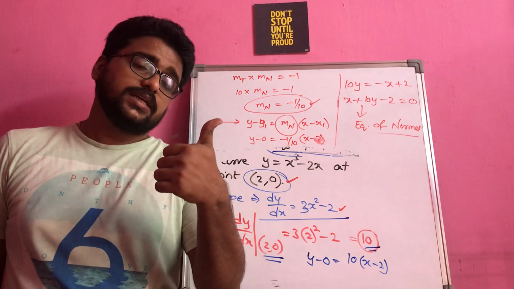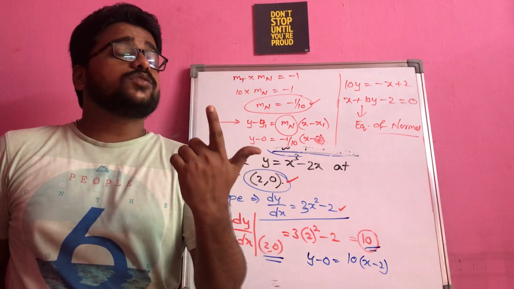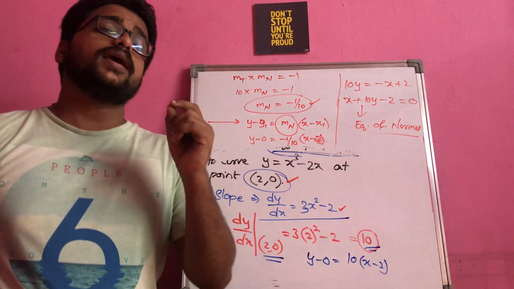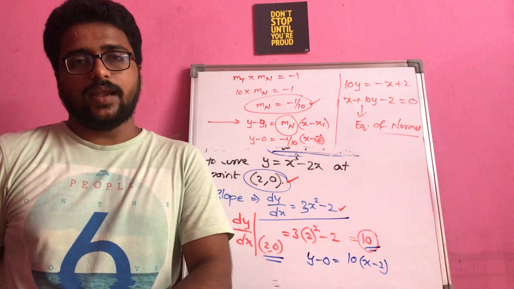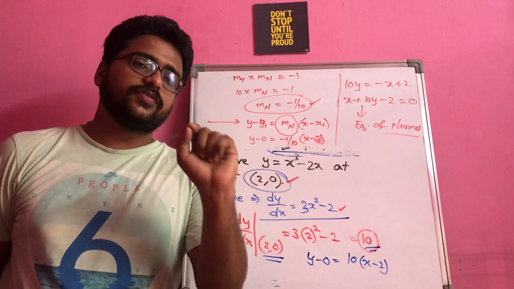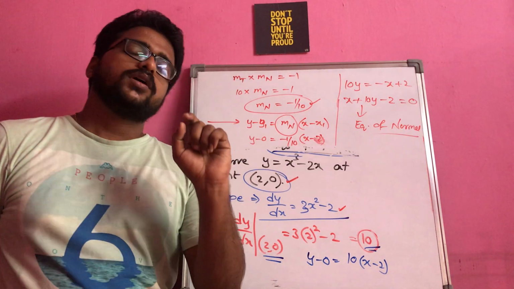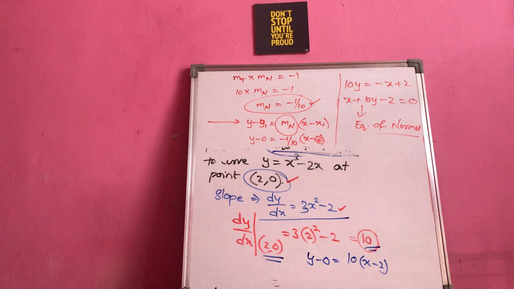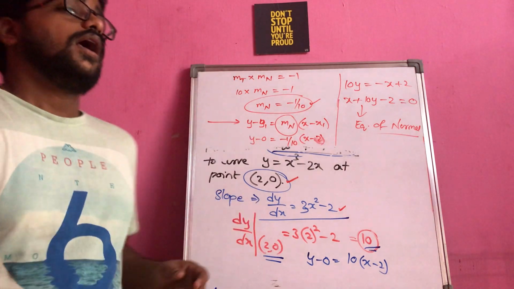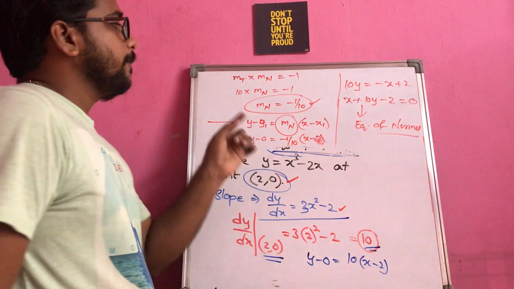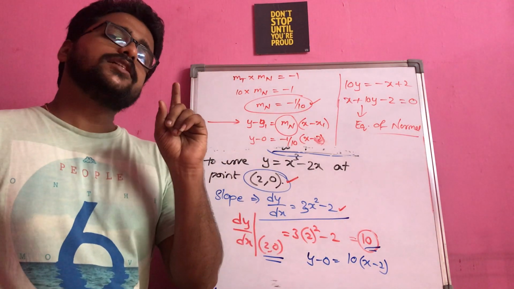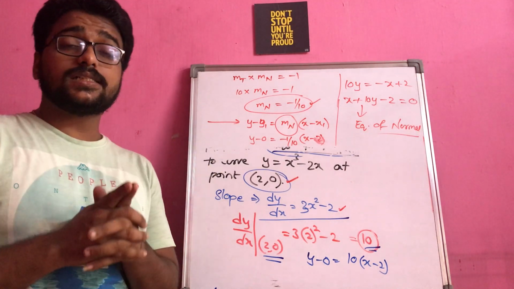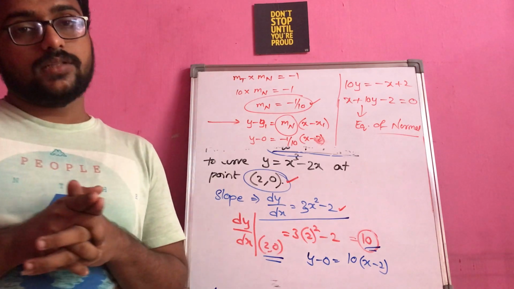The second point is, whatever slope you substitute has to be according to the equation that you are finding. If you are finding the equation of a tangent, use the tangent slope. If you are finding the equation of a normal, use the slope of the normal. And most importantly, remember that the product of the slope of the tangent and the normal is equal to minus 1, because tangent and normal are perpendicular to each other.